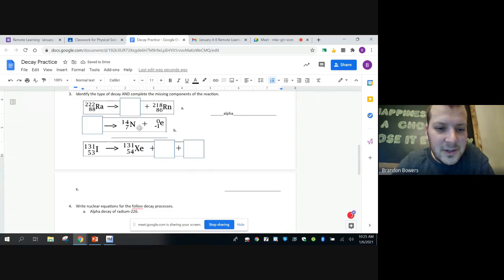Whereas B's interesting. I know it's a beta decay, but what originally was over here? You can look at the top, so 14 plus 0, and then 7 minus 1. So you know it's going to be 14, 6, and then what element is number 6?